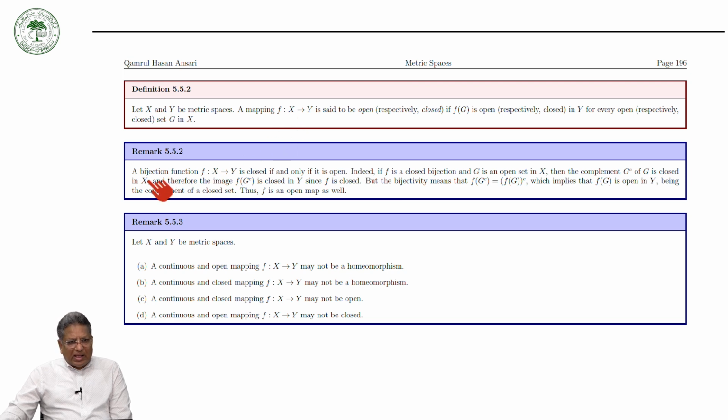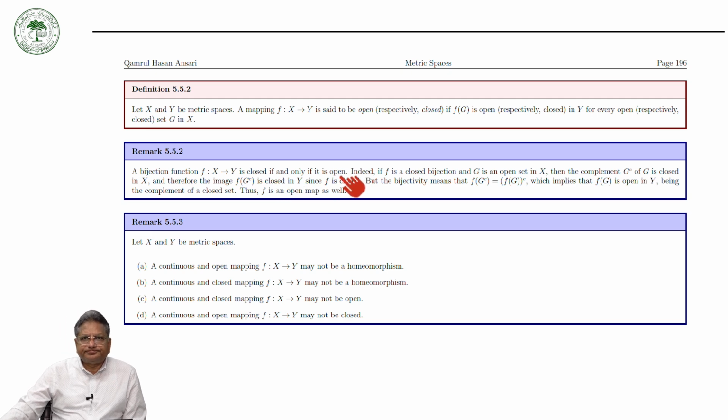So a bijective function f from X to Y is closed if and only if it is open. Very interesting.